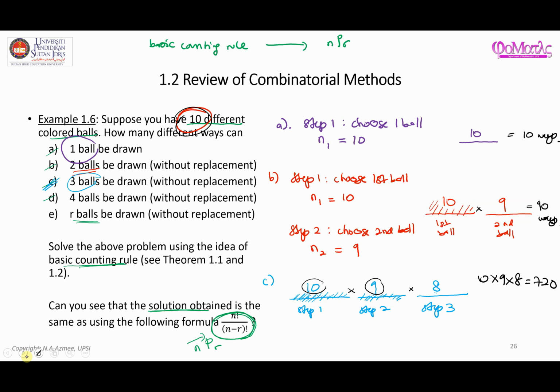So now let's move on to the next question, which is choosing 4 balls out of 10. We're going to follow the same argument, the same discussion that I've already demonstrated to you. So here we have the problem of choosing 4 balls. The first step is to choose the first ball, so we have 10 options altogether.